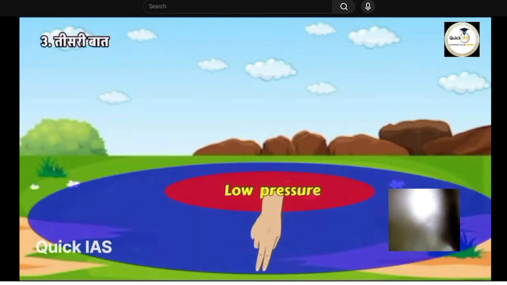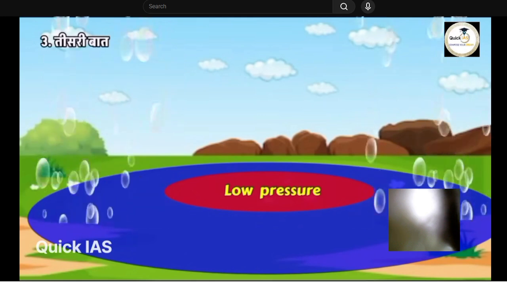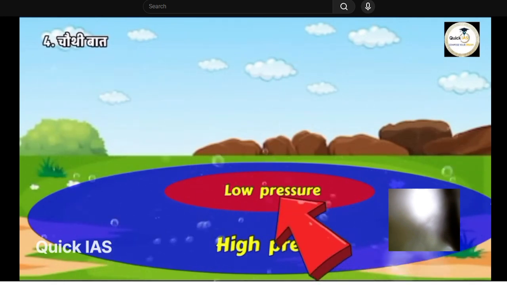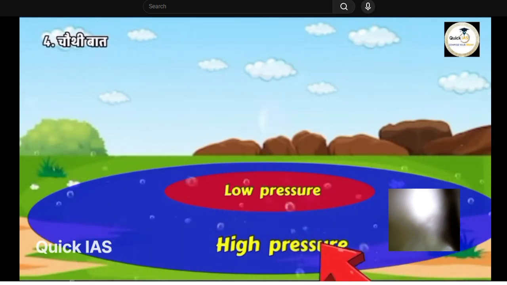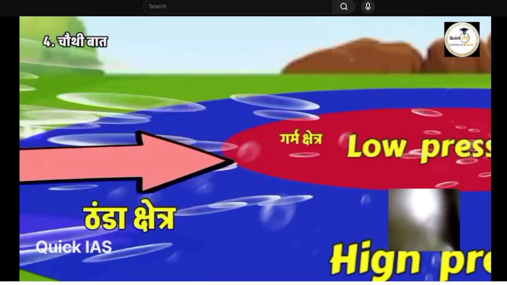In colder areas, the air becomes heavier and descends, creating a high-pressure zone. Fourth, winds always move from high-pressure zones to low-pressure zones, meaning winds blow from colder zones to warmer zones.